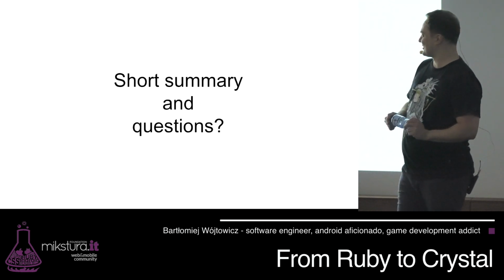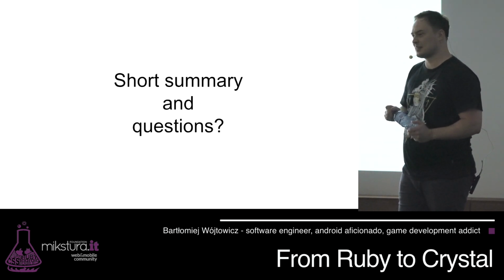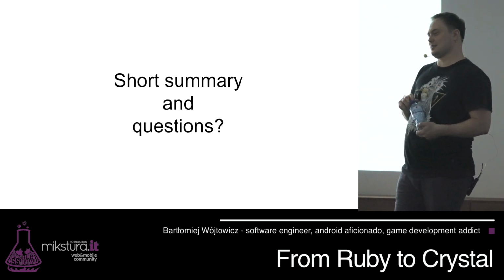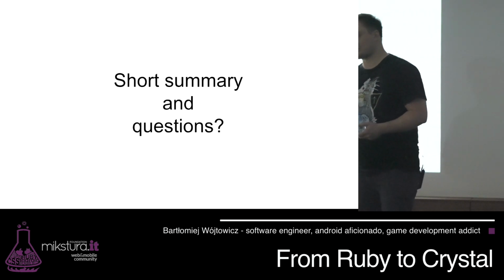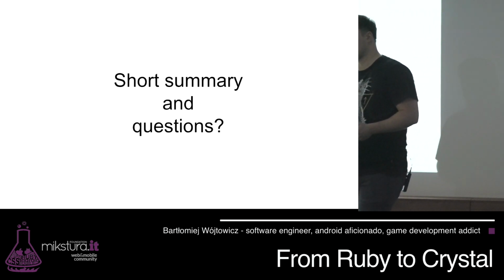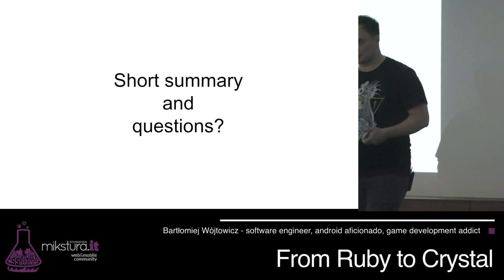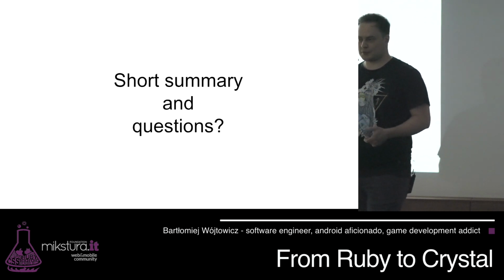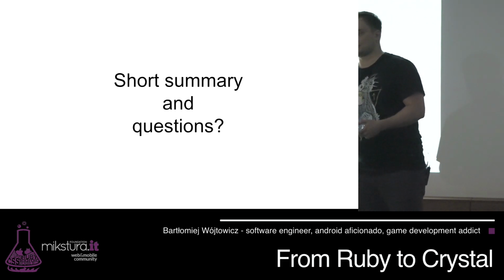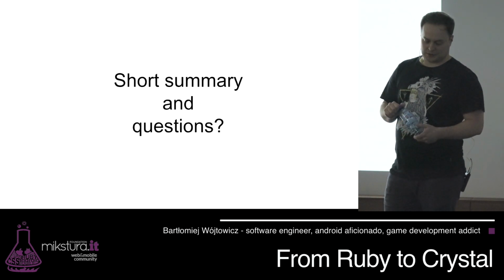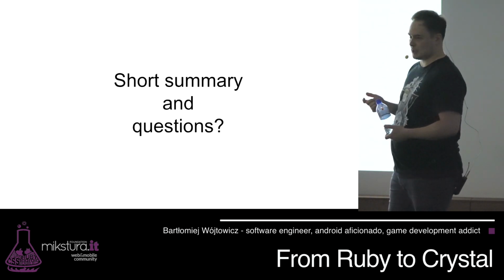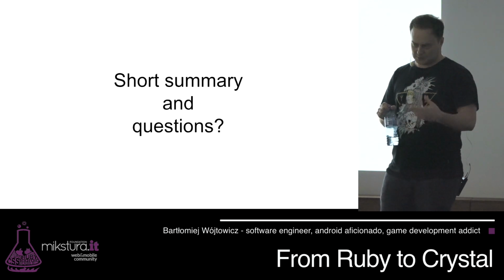I don't know what. So what is your prediction for the future? Like what should happen that would help Crystal to grow? I think the biggest problem right now is that when you develop a Ruby application, you have tools like binding.pry where you can just put a breakpoint in your application and check everything. But because this is statically typed, you need to work with it like with a statically typed language.